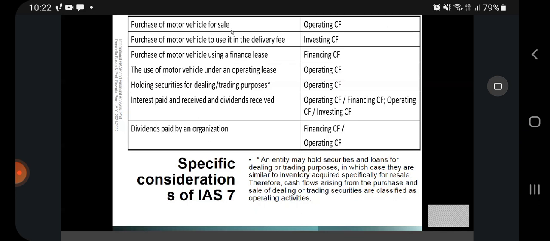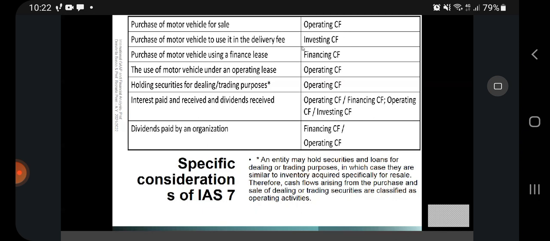Whereas if we purchase motor vehicle to use in the delivery, that is going to be an investing cash flow. On the other hand, if the same motor vehicle is going to be used as a finance lease, that is going to be included under financing cash flows.